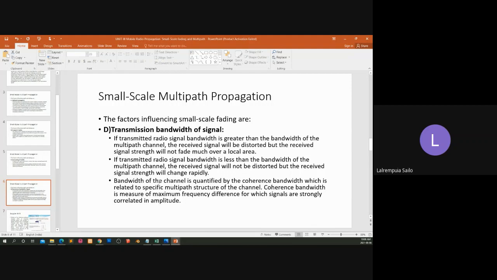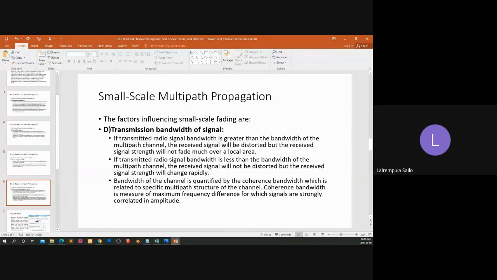Coherence bandwidth is a measure of the maximum frequency difference for which signals are strongly correlated in amplitude.